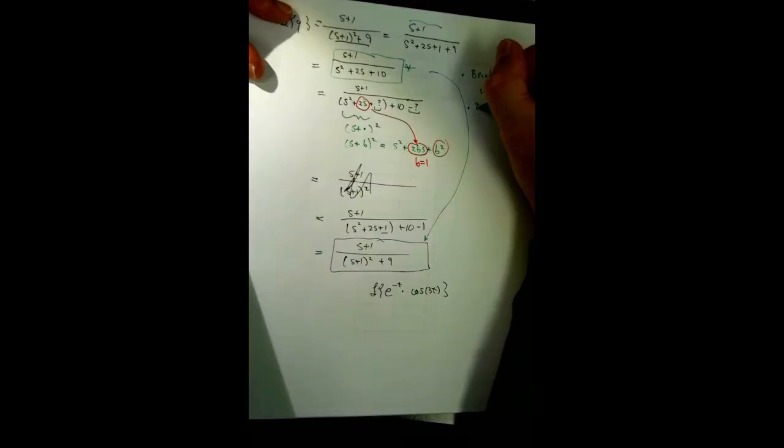So the important thing here is for any expression, you break it into small pieces. You can do lots and lots of algebra. Do it one step at a time. It's extremely important.